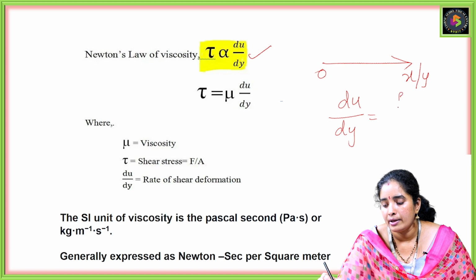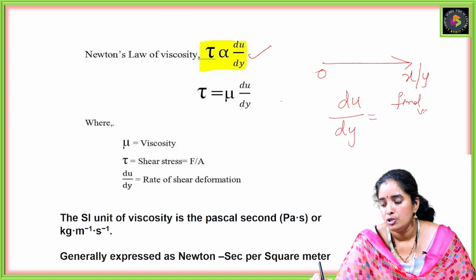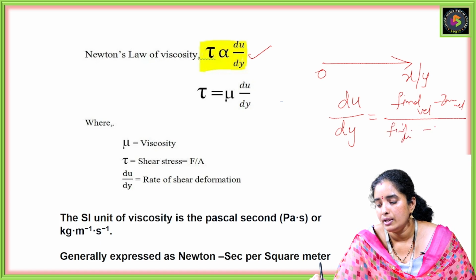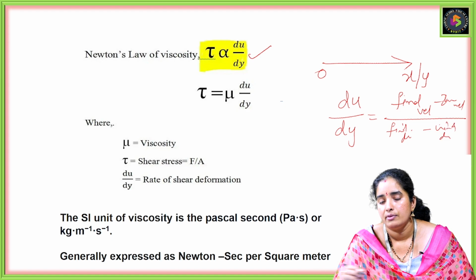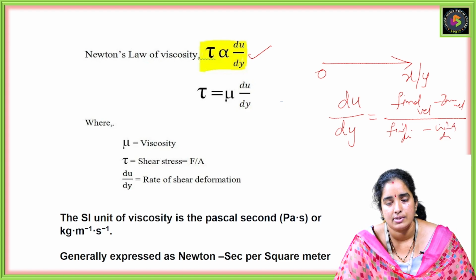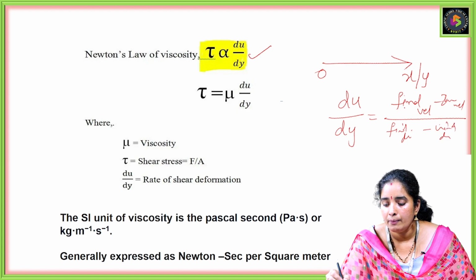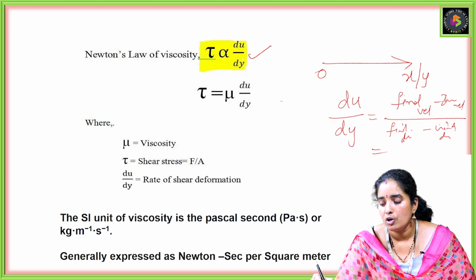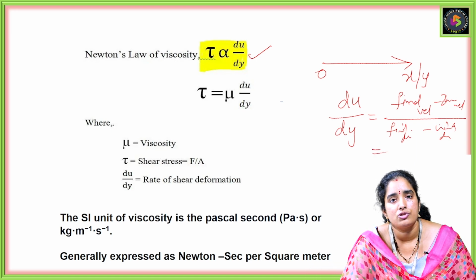Generally, we write the final velocity minus the initial velocity, divided by the final distance minus the initial distance. This is how we can write the difference. If I apply this equation to our condition, the final velocity will be low.